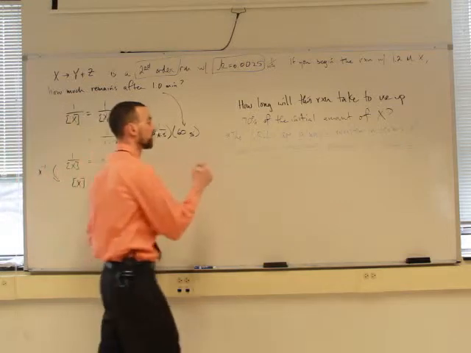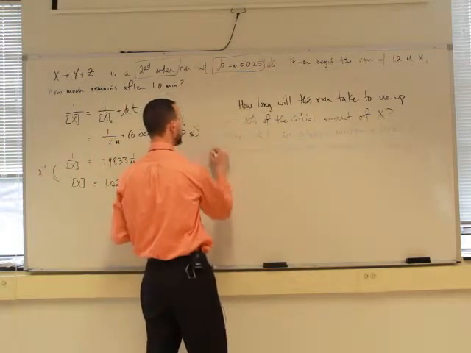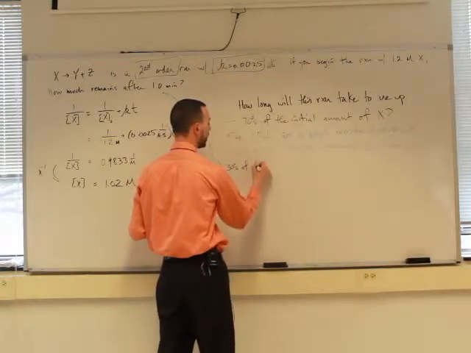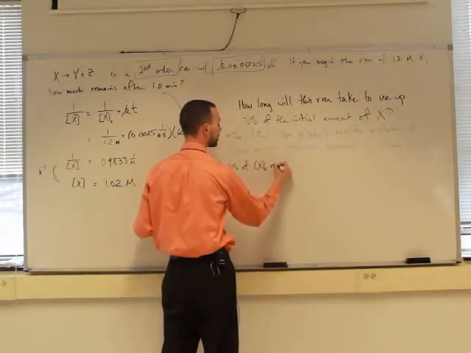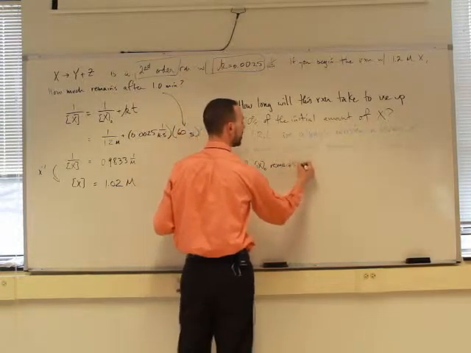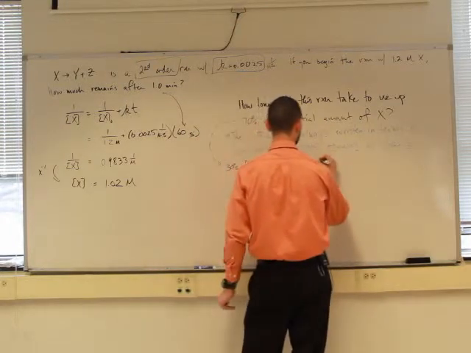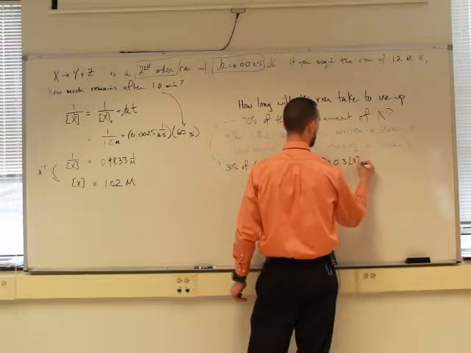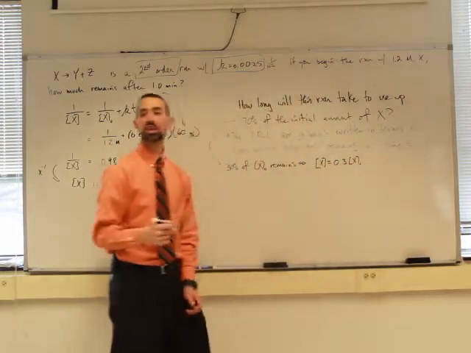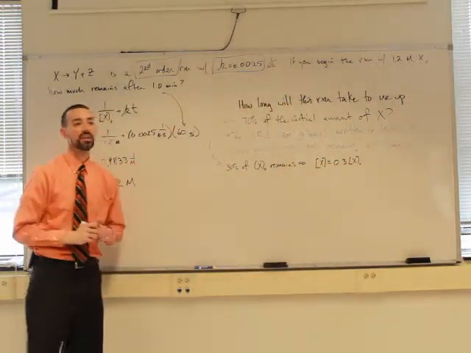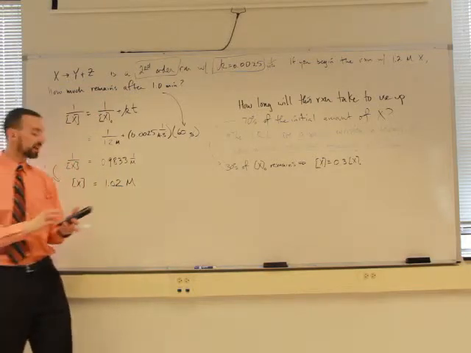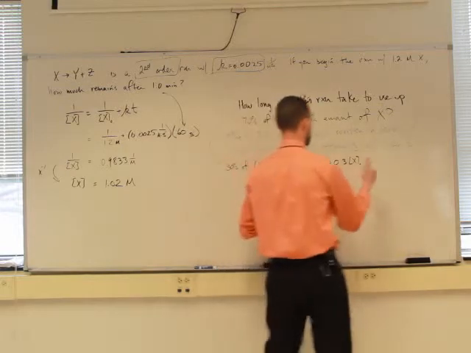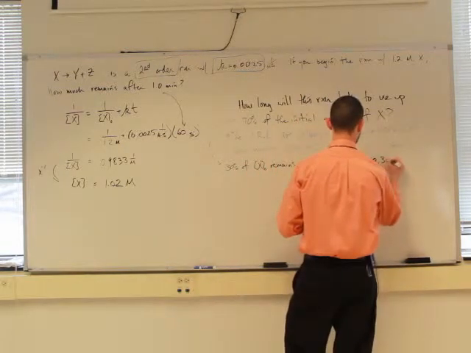Okay? So for this problem, when 70% is used, that means that 30% of the initial amount of X remains. Or in other words, X equals 0.3 of what it initially was. Right? So the value of X is 0.3 times the 1.2, or 0.36.